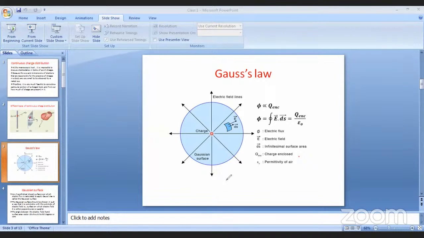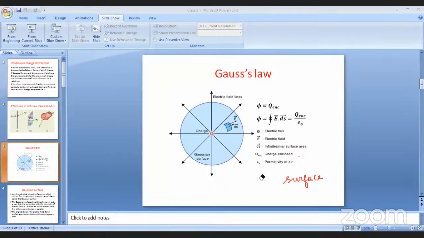That surface encloses the charge distribution, and the charge enclosed should be within this Gaussian surface. So the total electric flux can be calculated by imagining a Gaussian surface around the charge distribution, and then using this relation you can calculate the electric flux.